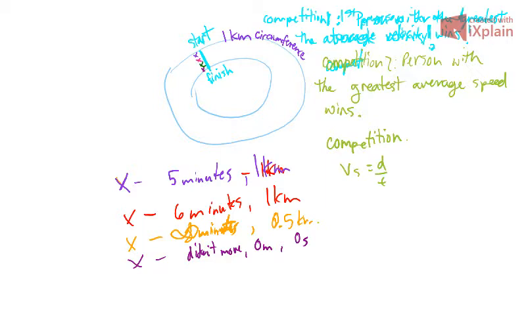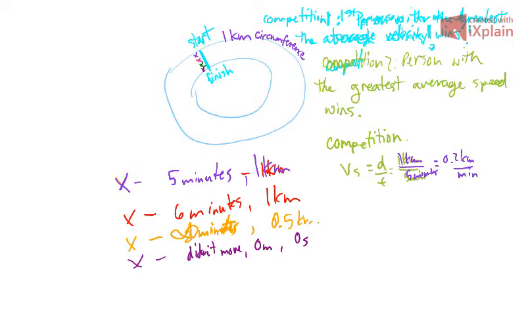So if we compare the 3, let's do purple. 1 kilometer divided by 5 minutes. So that is 0.2 kilometers per minute. So that's their average speed.